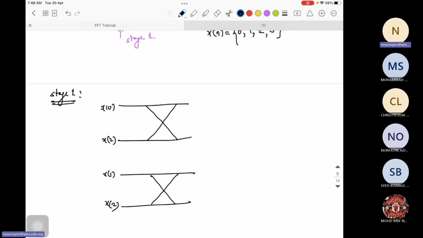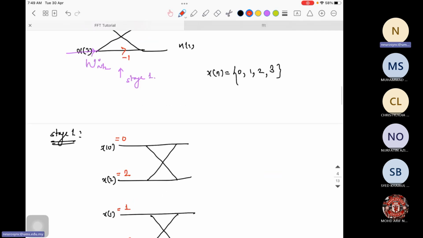So from the smallest DFT, we will go towards the higher DFTs. So this is equal to what? X of 0 is 0, x of 2 is 2, x of 1 is 1, x of 3 is 3. Correct? This is the given sequence.